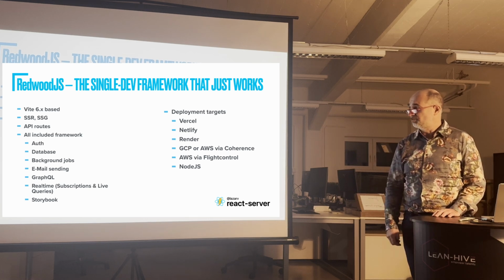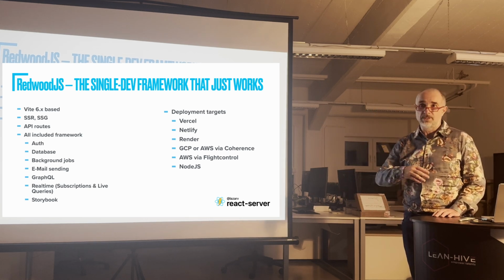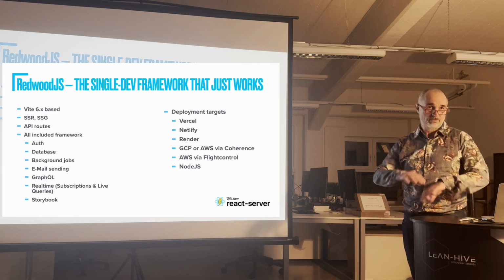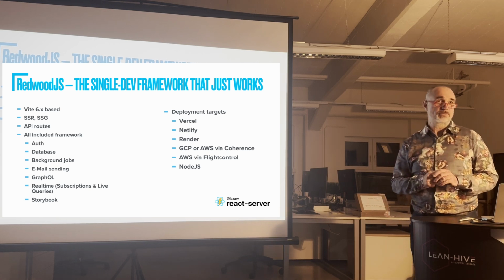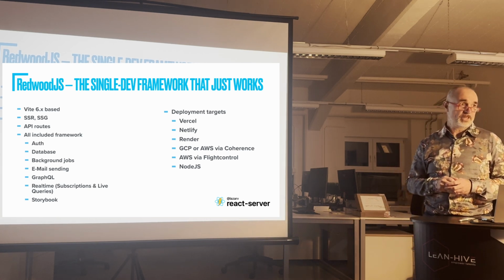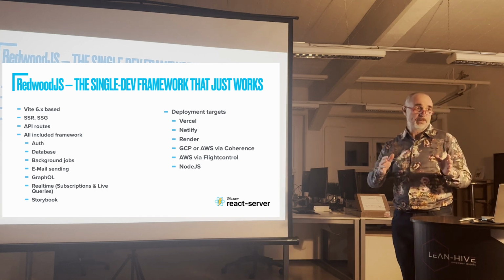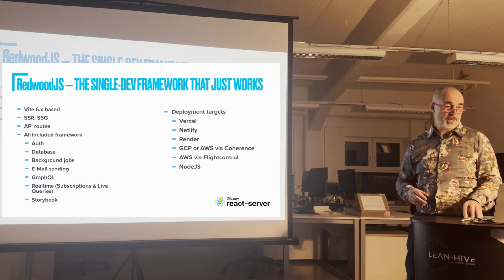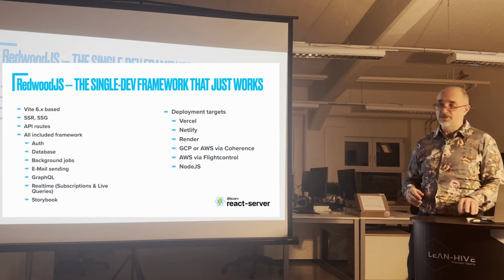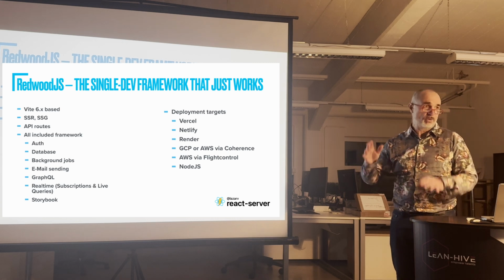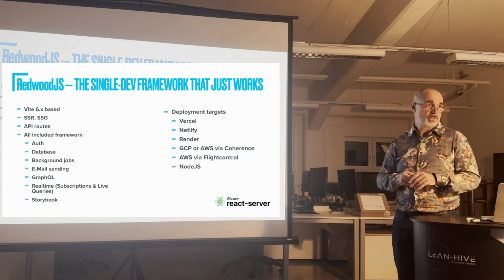So even Storybook is already included. When you set up RedwoodJS, you get a full starter package with documentation, everything from the same vendor, and there's a lot of money behind it, so they are interested in fixing things. And they target startups or companies just starting with a project.